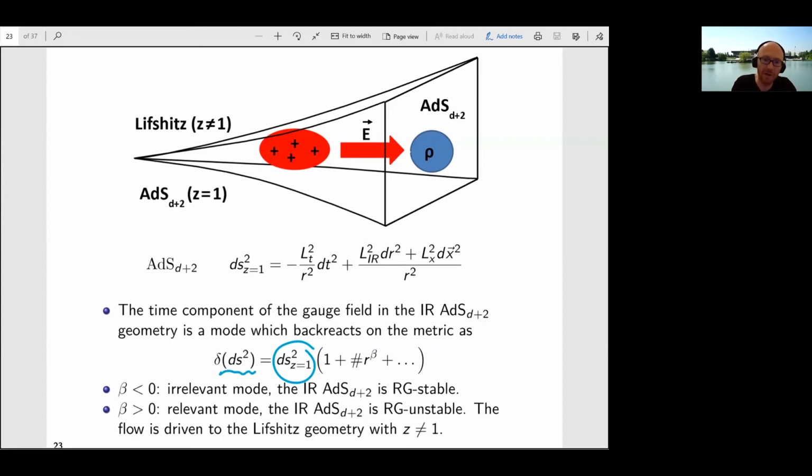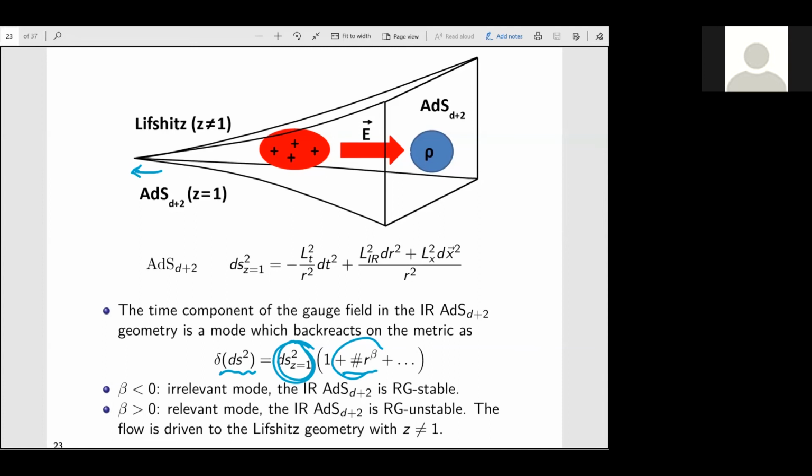When you do, you get this type of expression where the AdS metric at zeroth order is corrected by terms that are sourced by the gauge field. In order for your AdS4 solution to be RG stable, these terms have to decay as you go towards the infrared. They should vanish as you move towards the horizon.